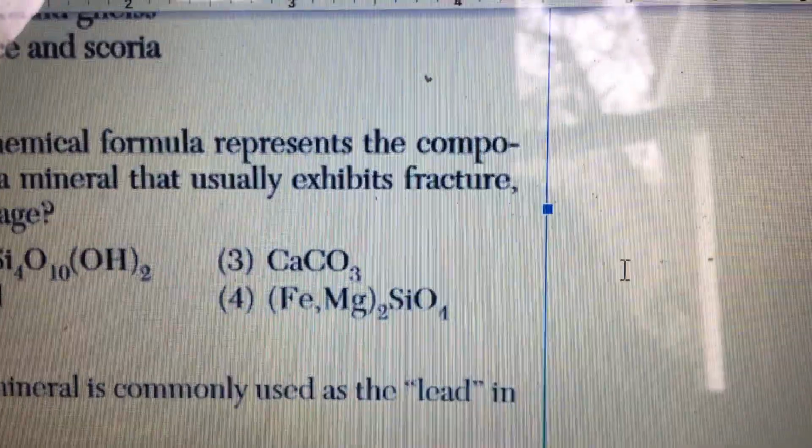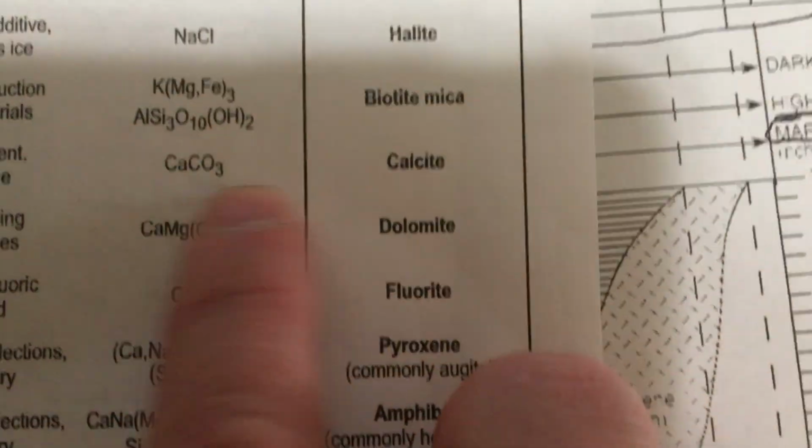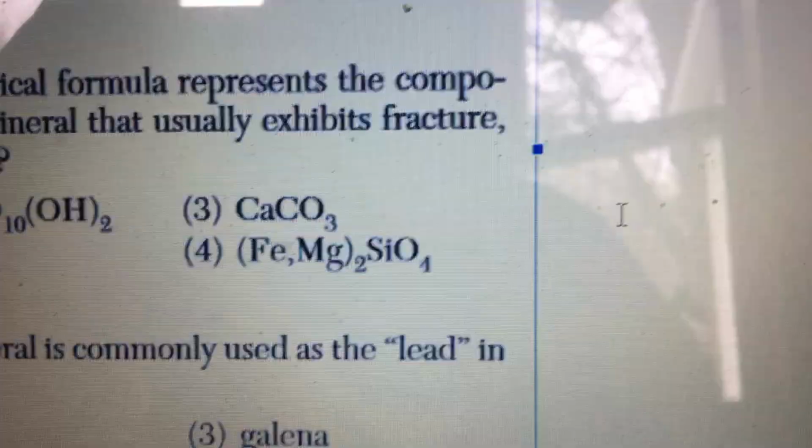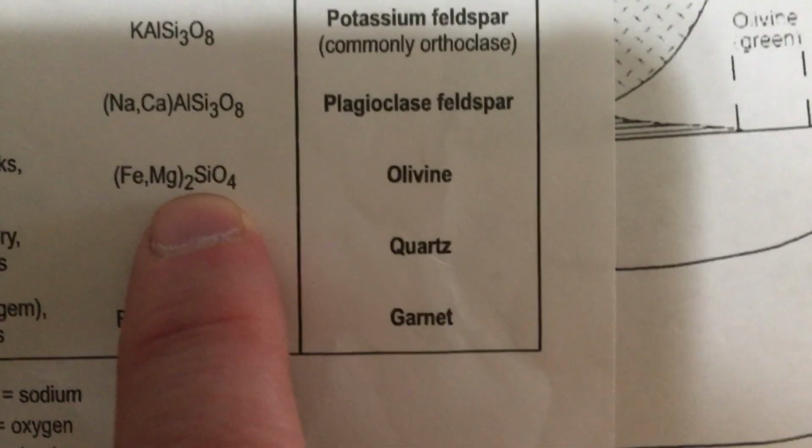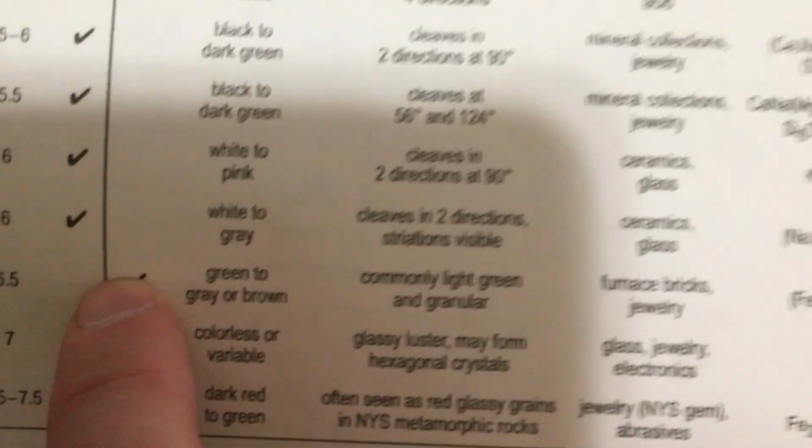Some of you might already know that. That is salt, halite, and that certainly is cleavage. Not my answer. CaCO3, calcium carbonate, calcite, boom, cleavage. Iron and magnesium with SiO4. There it is. That is olivine. And there's our answer, because that has a check on the fracture side.